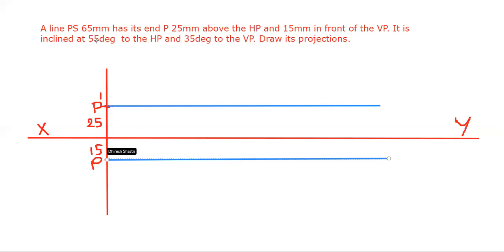It is inclined at 55 degree to the HP. The HP angle is measured above the XY line. So from point P dash above the XY line at an angle of 55 degree, draw line PS.